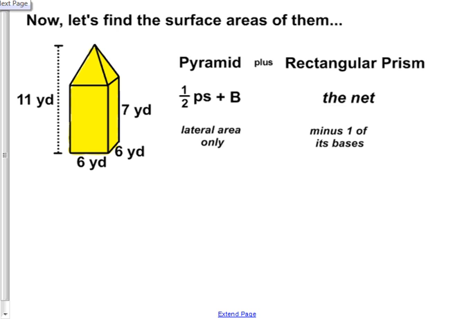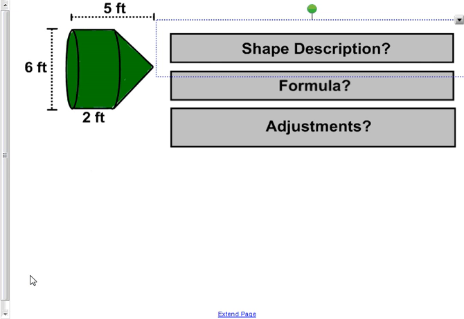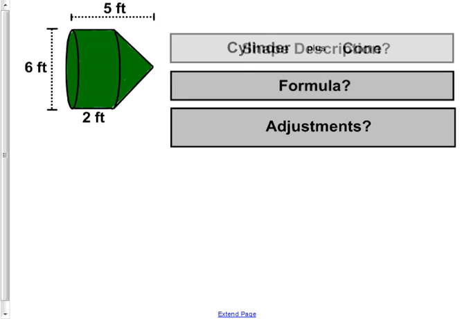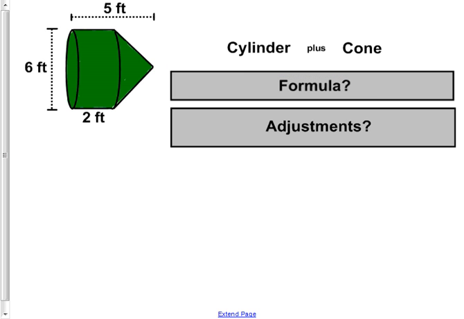Now moving on, let's take a look at the next shape. This one was what we called a cylinder plus a cone when we were looking at the volume. Now, this still seems to be an accurate description when it comes down to the surface area. It is still a cylinder plus a cone.